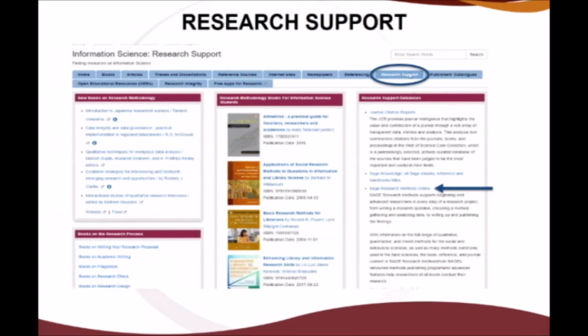Under research support, they have this. But I also want to mention that on each and every guide, you also have research methodology books for your specific subject area. It's a mixture of e-books and online books. So go to your specific guide and see what your librarians have posted on these pages.